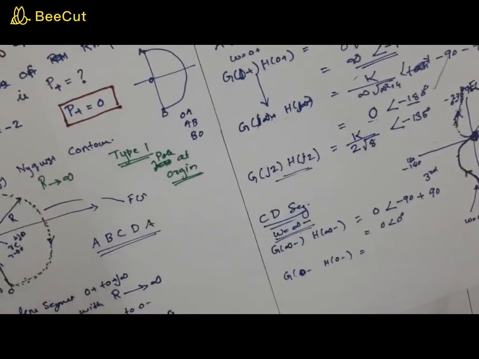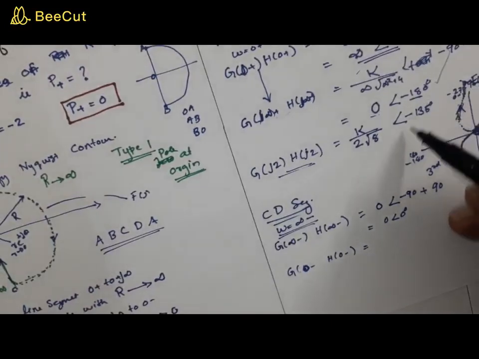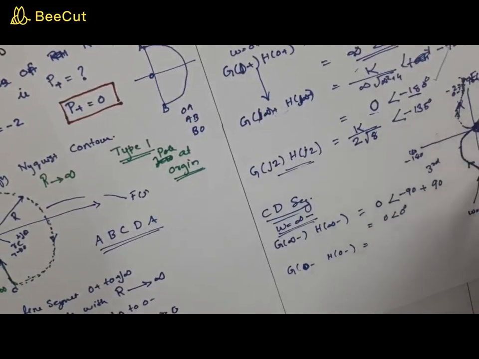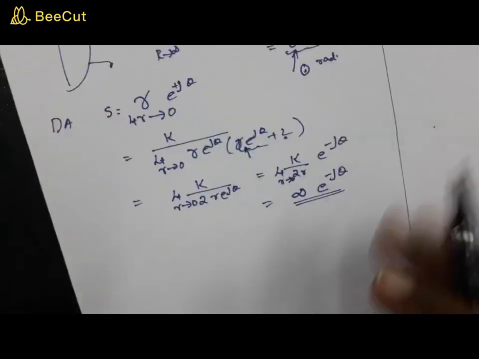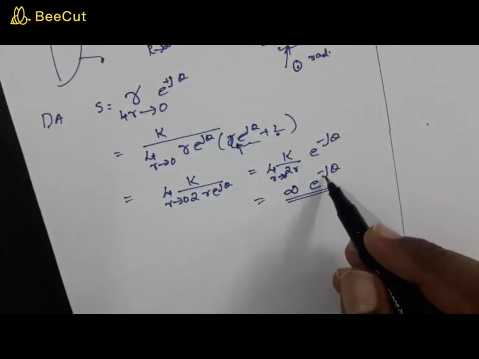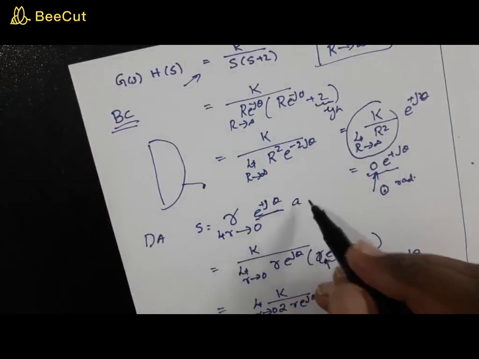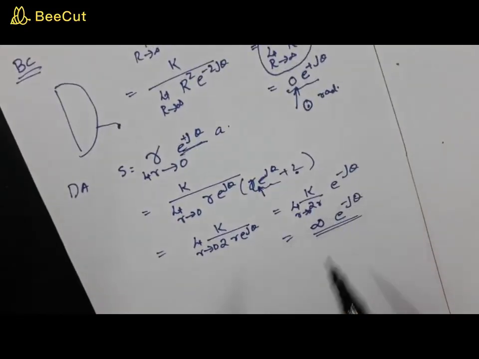So you may be thinking, why can't you plot in this way? Look at the equation. It is infinity e raised to minus j theta. We have assumed e raised to plus j theta as the anti-clockwise, so this must be a clockwise circle.